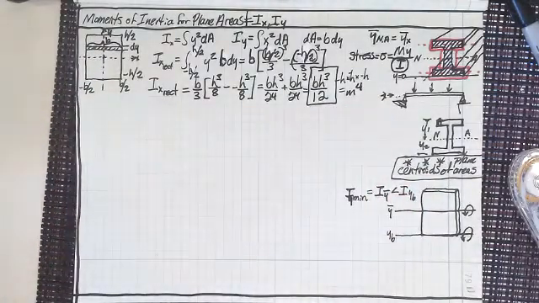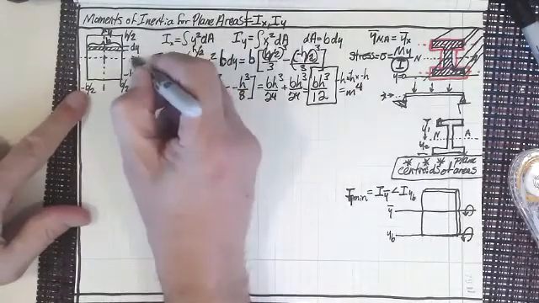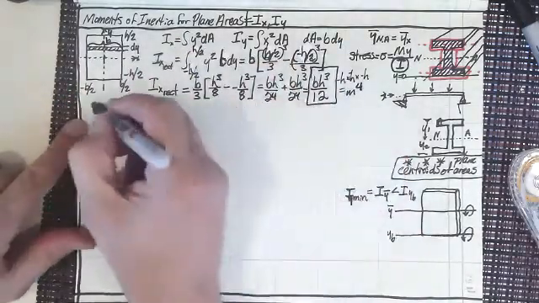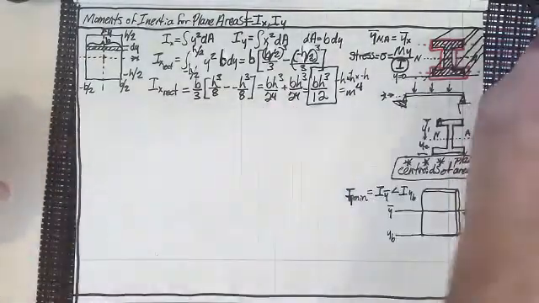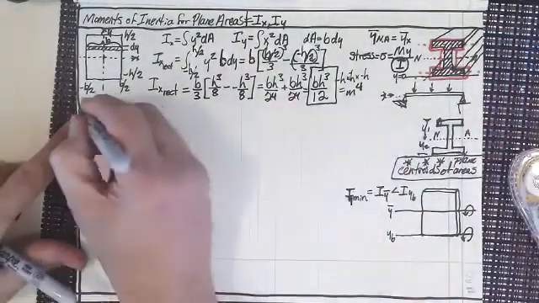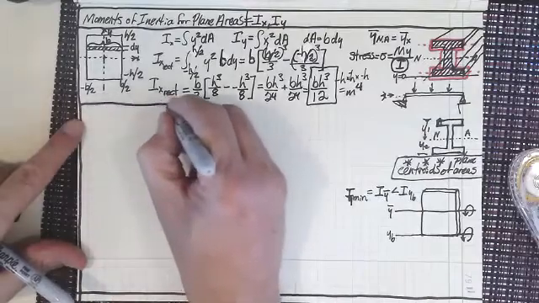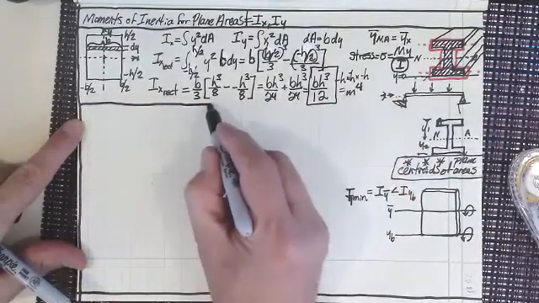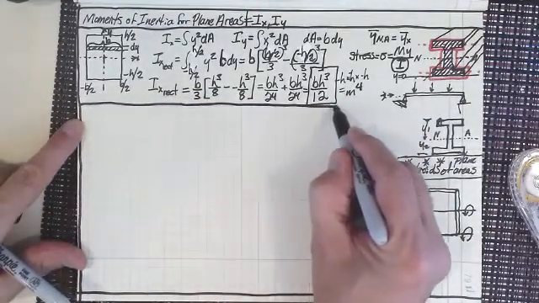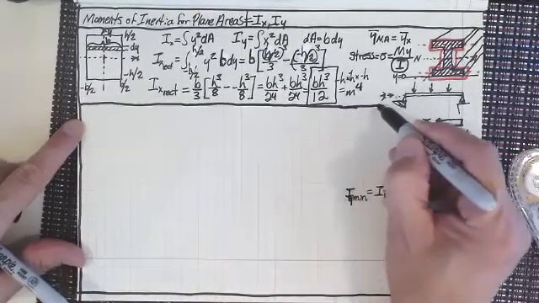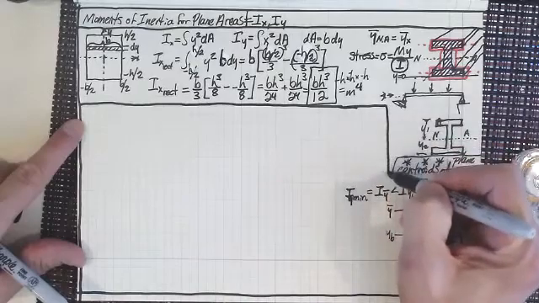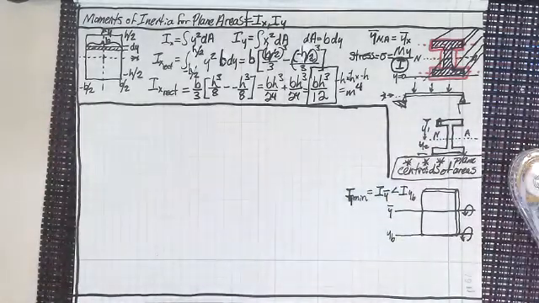Now what I want to do is another I sub x, but this time, right before, with the dots, that was this. So the top part of this is really all about having the Cartesian coordinate system right in the center.